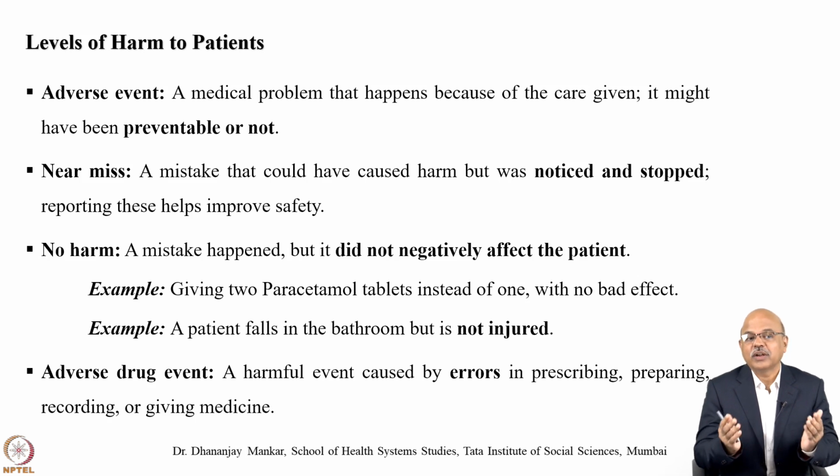So you can say it is no harm, but it is a fault. A second example can be a patient falling in the bathroom but not being injured. Yes, there was a wrong, but it did not result in harm. But if the patient had been injured, what could have happened?